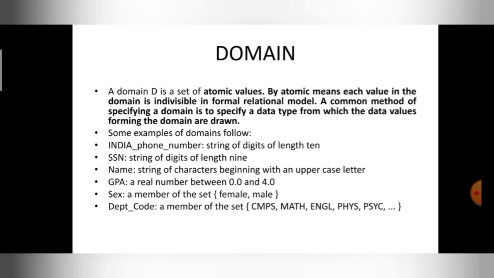For example, see Indian phone numbers. Whatever phone numbers you take in our country will have 10 digits. So this is the domain. I'm telling the format of my value.